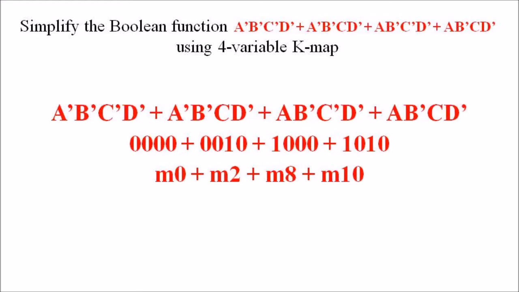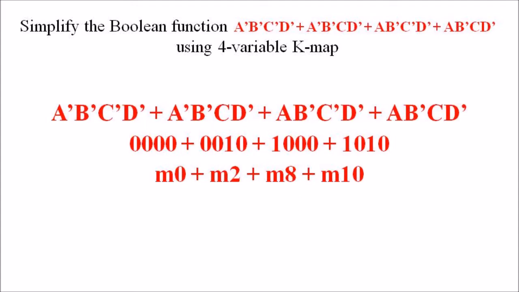This simply means that a variable is represented as 1 and a variable complement, or variable dash, is represented as 0. In the next step, 0, 0, 0, 0 is minterm m0, 0, 0, 1, 0 is m2, 1, 0, 0, 0 is m8 and 1, 0, 1, 0 is m10. So the given function can be represented as m0 plus m2 plus m8 plus m10, or sigma of 0, 2, 8, 10.